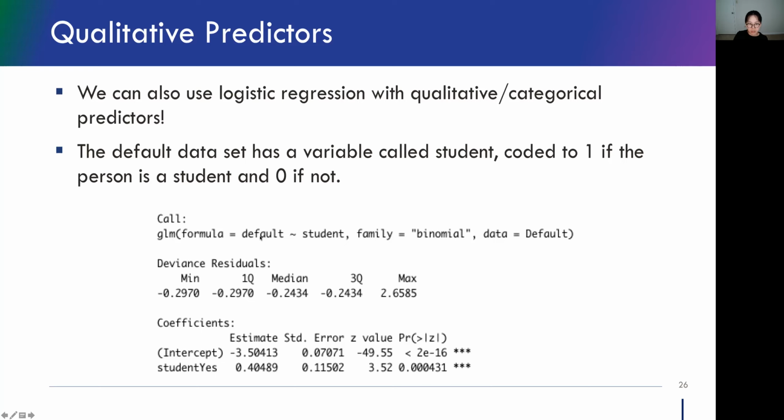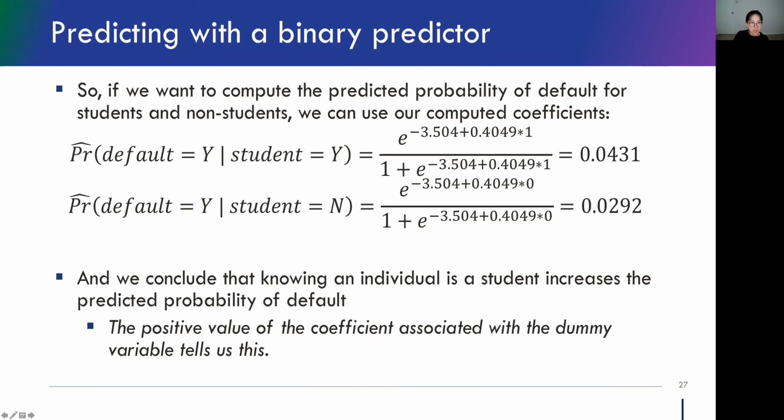So we do this logistic regression of default on student and still specify the binomial family so that we are doing a logistic regression. Now we get our estimates and the p-values for our tests.